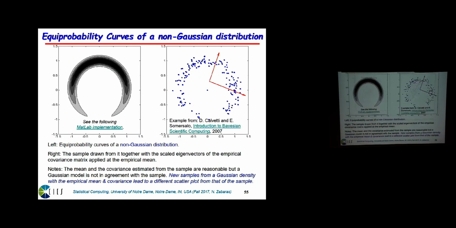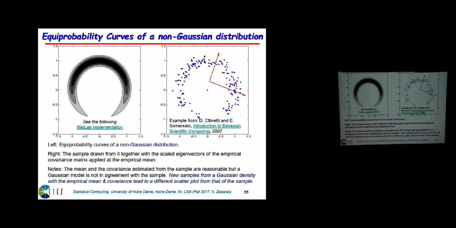There is a little exercise that shows you a sample that is Gaussian, it works nicely, but also shows you a sample that is certainly non-Gaussian, right? So you can see the samples looking like that. There's no way you can fit this to a Gaussian, okay?